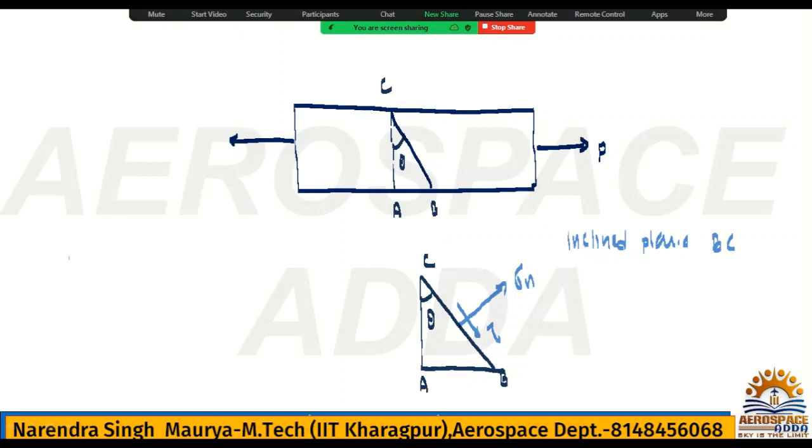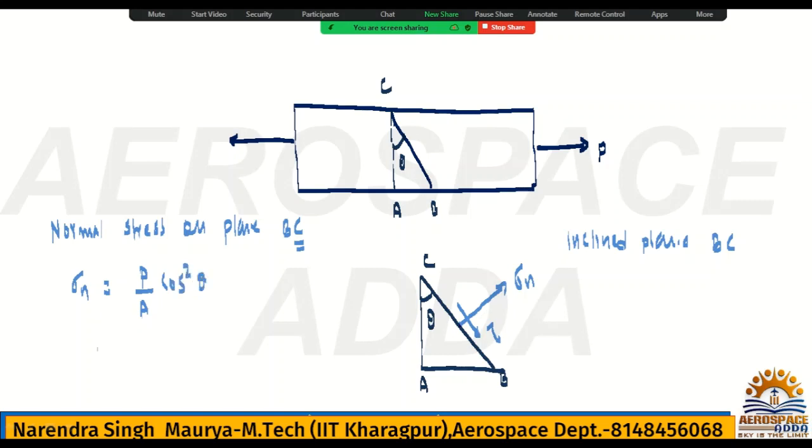Okay. Now what will be the normal stress on plane BC, which is inclined? Okay, so normal stress sigma n. This is the derivation. 2, 4, 5 steps you need to do, but here I am going to write directly. It is P by A cos square theta.